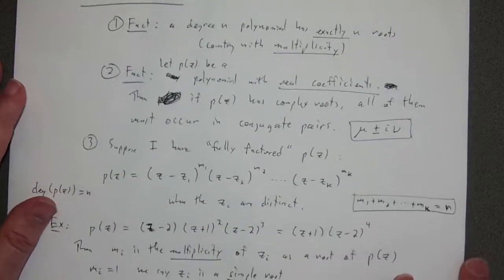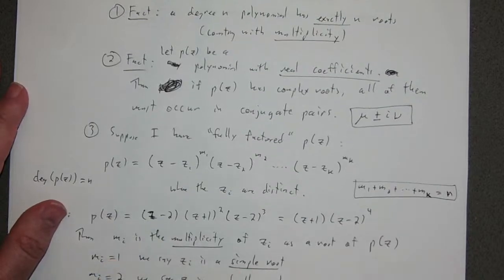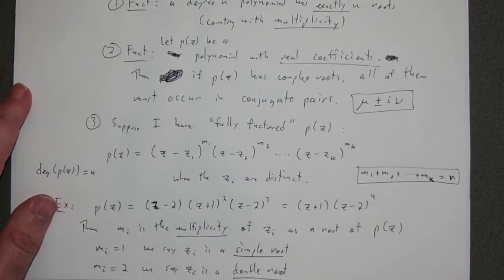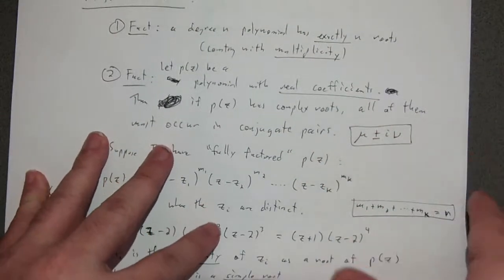That's how we define the multiplicity of z sub i. If it has multiplicity 1, we call it a simple root. If it has multiplicity 2, we'll call it a double root, or just say that it has multiplicity 2. For higher roots, we typically just say it's a root of multiplicity 3, 5, 7, whatever. All right, this is just a quick review of those things.